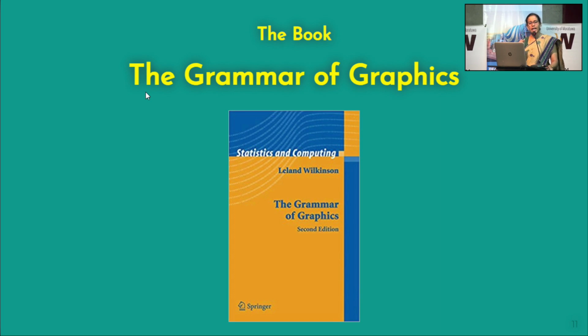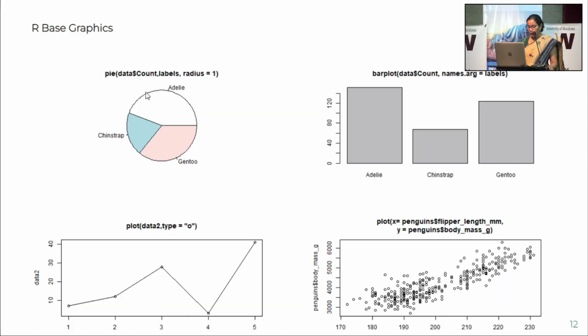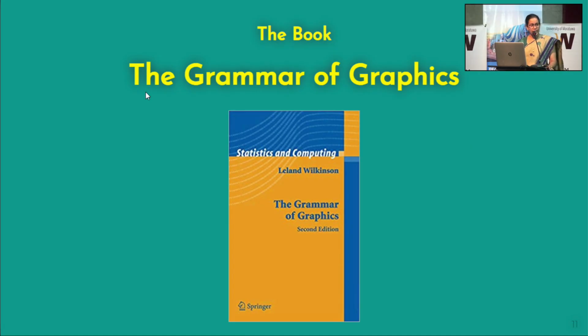It explains the anatomy of a visual representation. Once you go through this book, you will be able to understand different aspects related to data visualization. Without reading this book, you can easily learn ggplot2. But if you want to learn more, or if you are doing research in data visualization, this is a really good textbook that you can read.